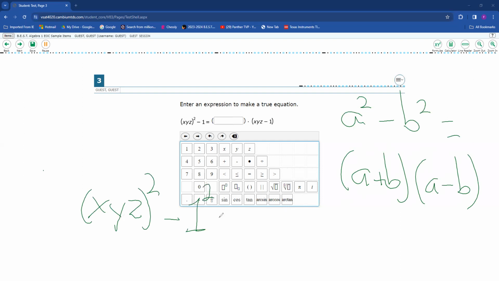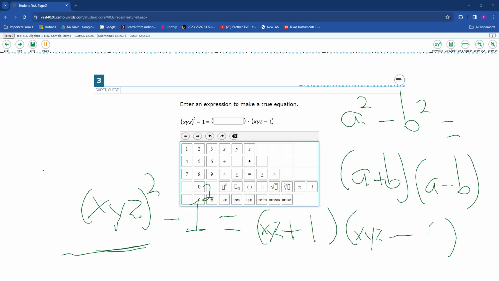So now this is going to be equal to 2 parentheses. One is going to be a plus, the other one is going to be a minus. What's the first thing without the exponent? It's just xyz. And what's the second item without the exponent? It's 1. So what are you missing here? You're missing exactly and no less than this thing, xyz plus 1, and that's what you would type. Okay.